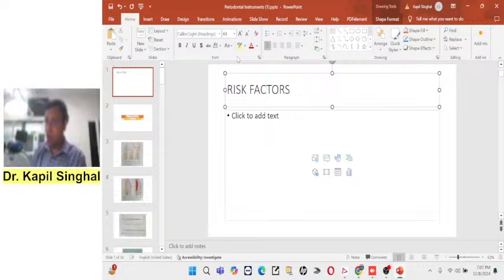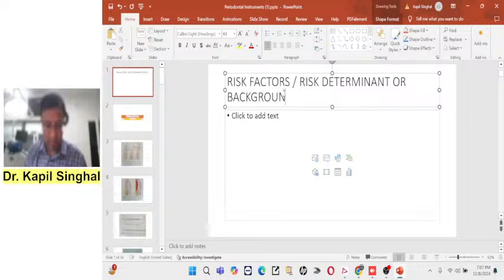Okay. So now in risk, when we study risk, there are multiple things that you need to understand. The number one is risk factor. Then the next term is risk determinant or a background characteristic, also known as a background characteristic.